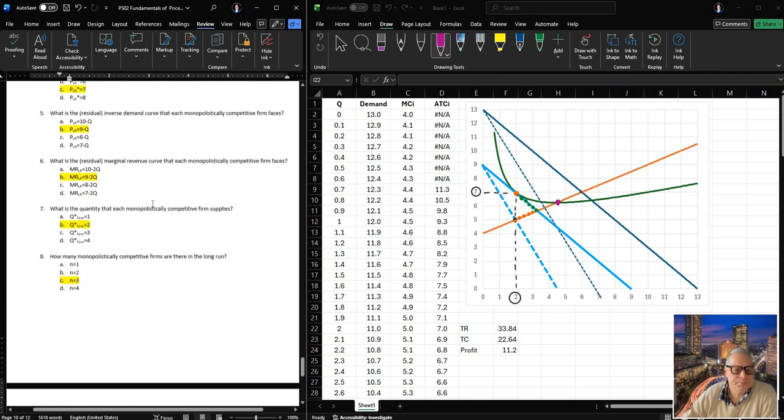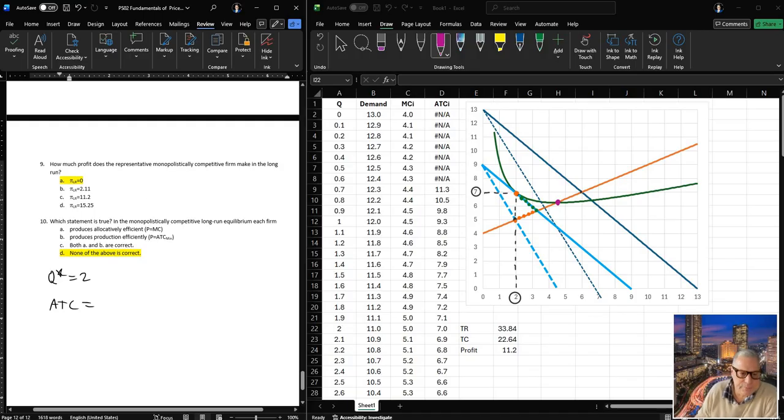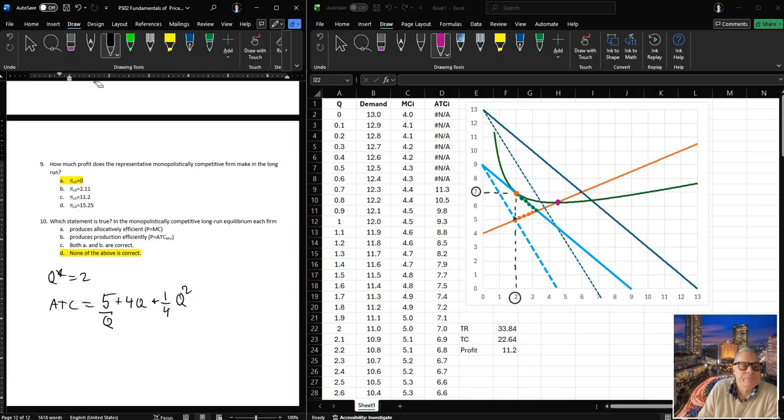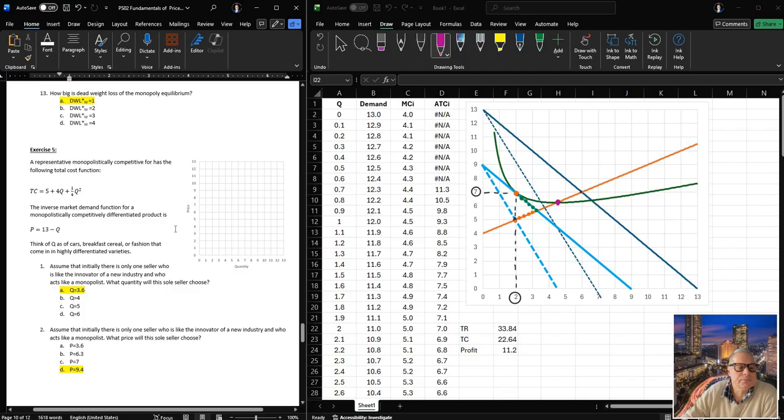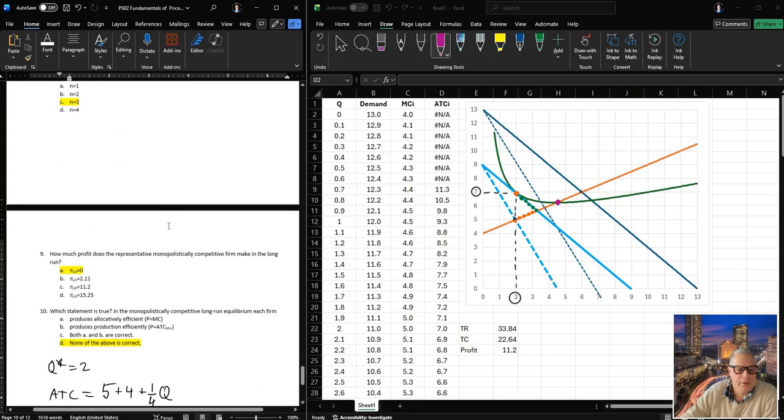The total cost function was 5 plus 4Q plus 1/4 Q squared, so ATC is 5 over Q plus 4 plus 1/4 Q. Is that correct? Yeah. Okay, I shouldn't have erased that.